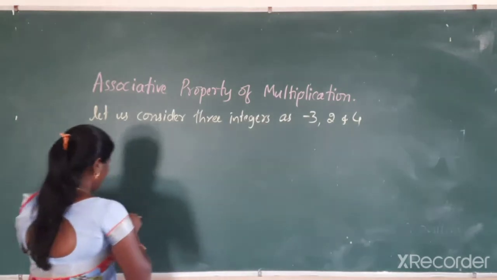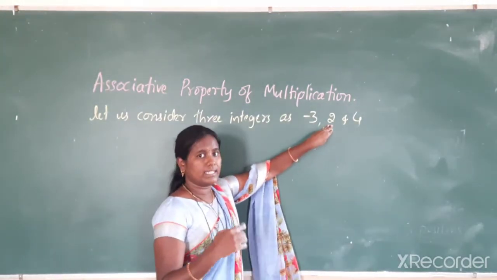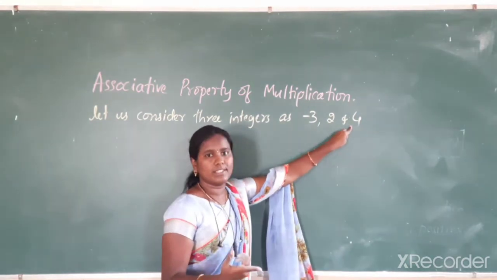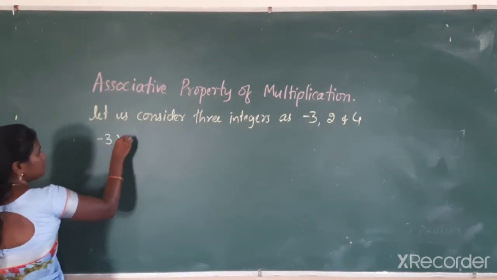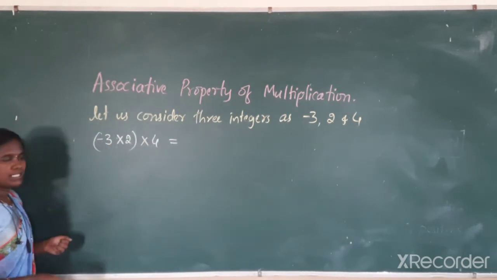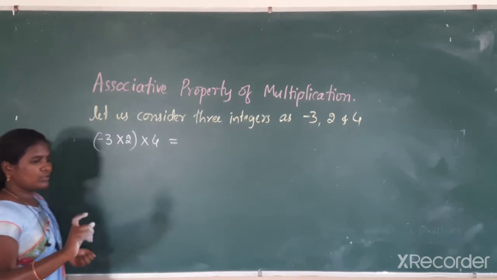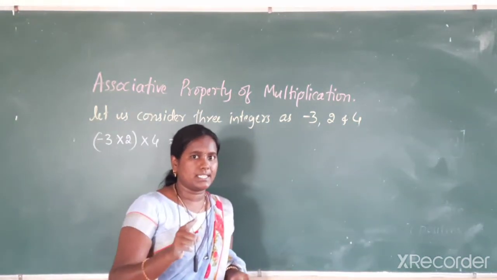Now, let me group -3 and 2 once and later 2 and 4 once. (-3 × 2) × 4: according to the BODMAS rule, we have to solve the operation in the bracket first.